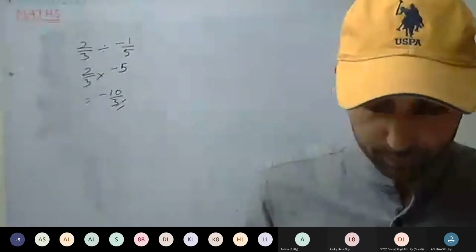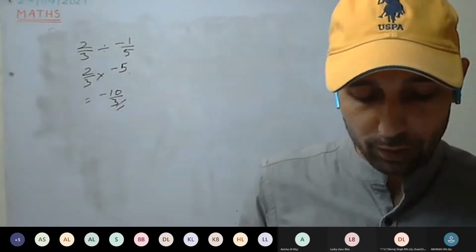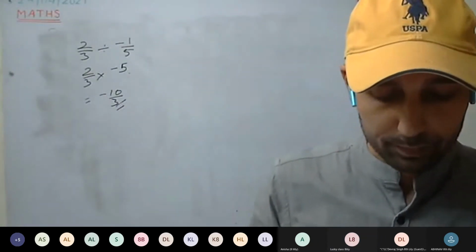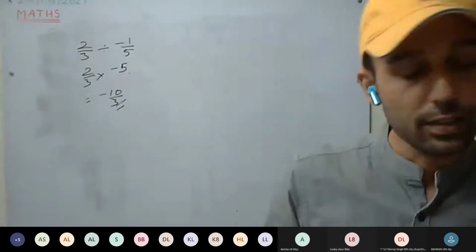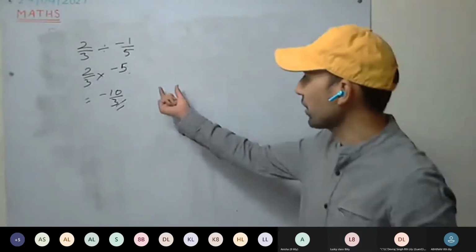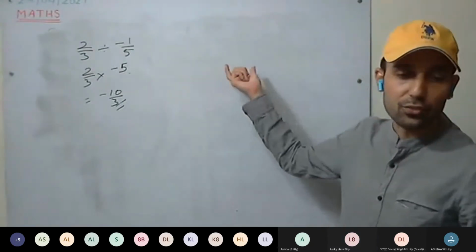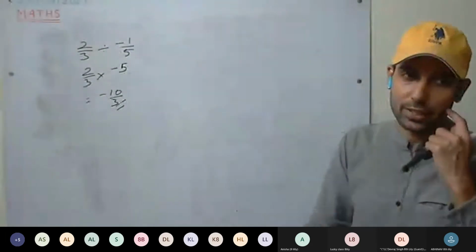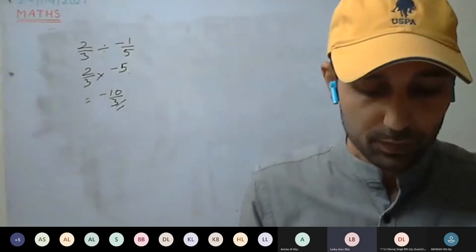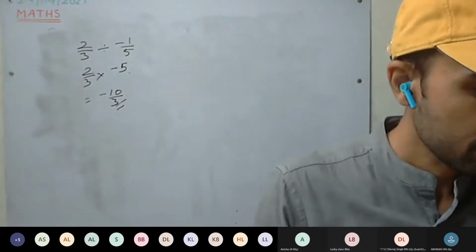So it's true. Okay, second one, by seeing only you can tell. True, it's a rational number because minus 5 is a rational number and minus 5 upon 7 is a non-zero rational number. Okay, you can solve as well.